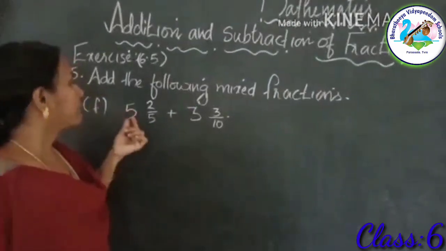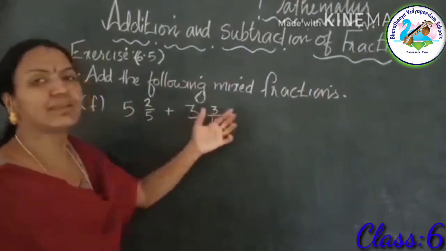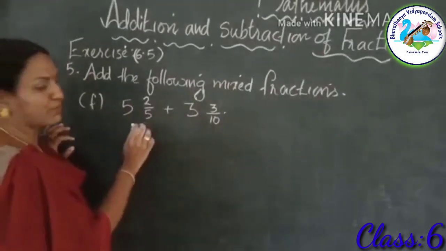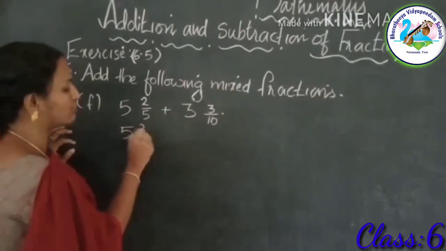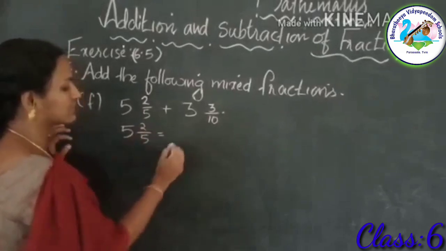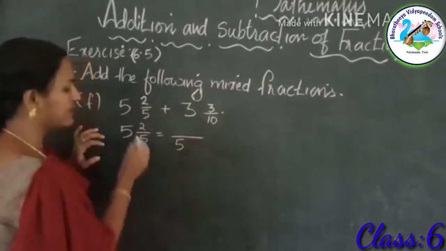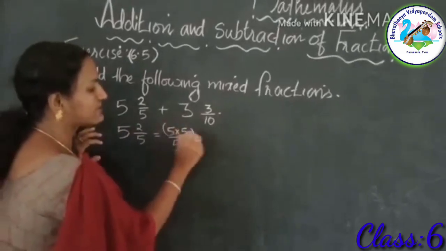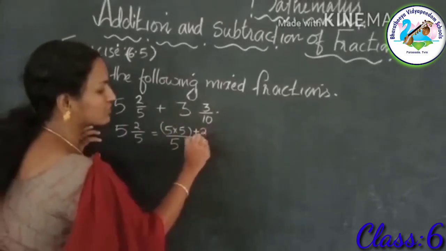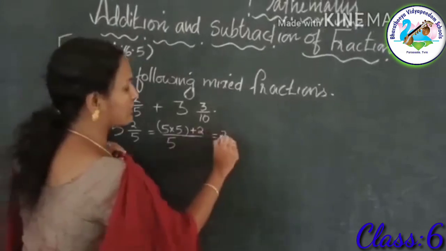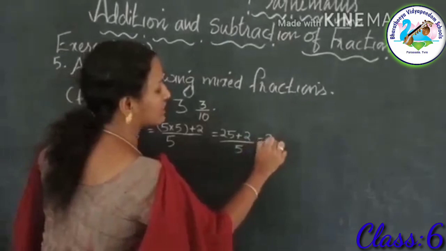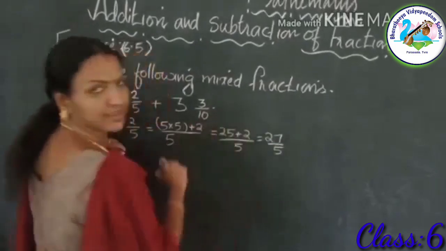In option F, find 2 by 5 plus 3 3 by 10. So mixed fractions. So first convert them into an improper fraction. 5 2 by 5 is equal to, here the denominator is 5, then multiplying 5 and 5, 5 into 5 plus 2 is equal to 25 plus 2 by 5 is equal to 27 by 5.